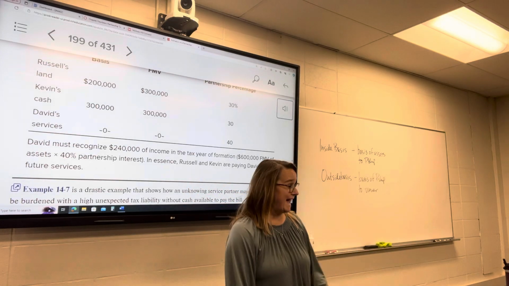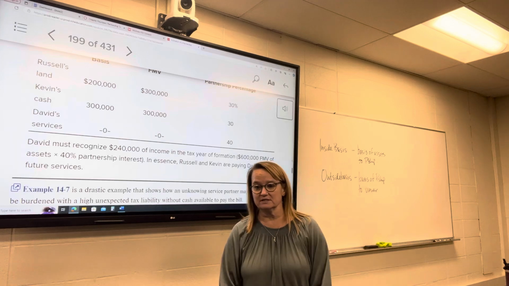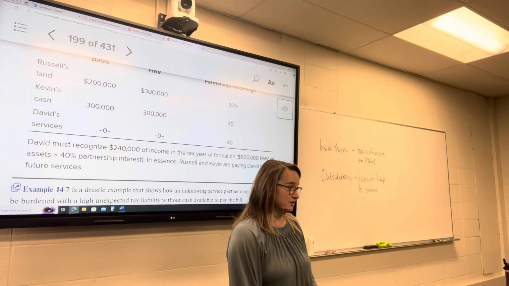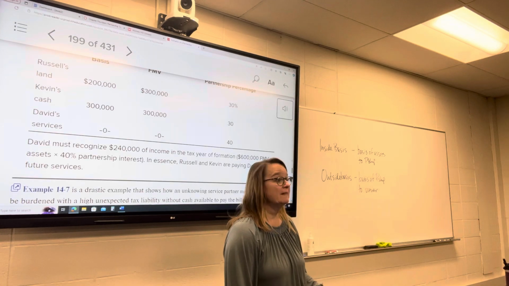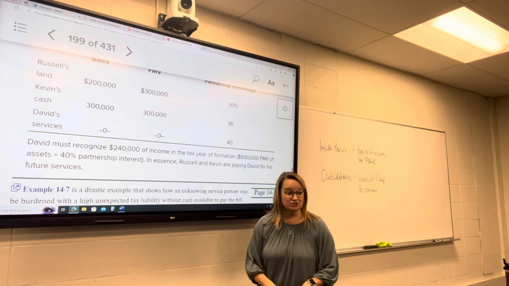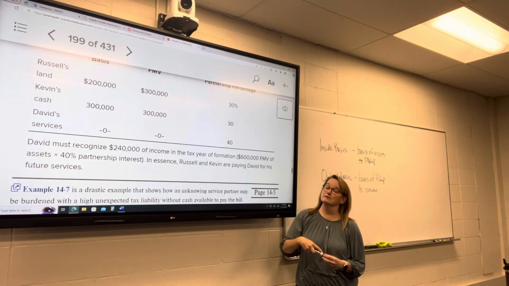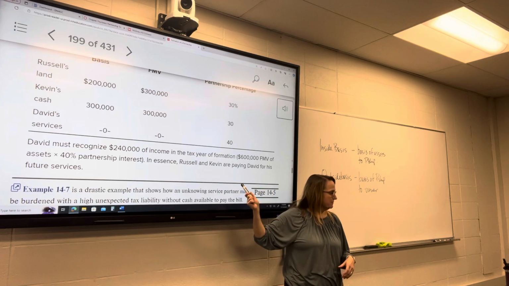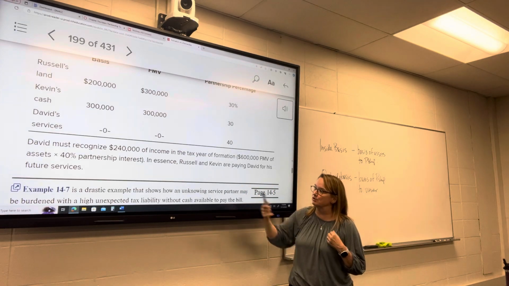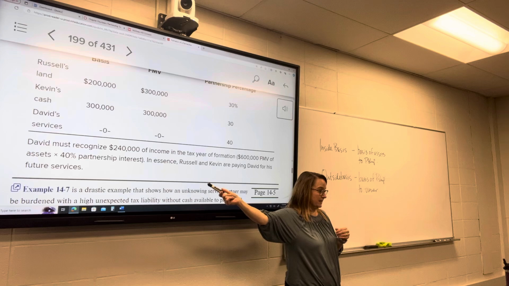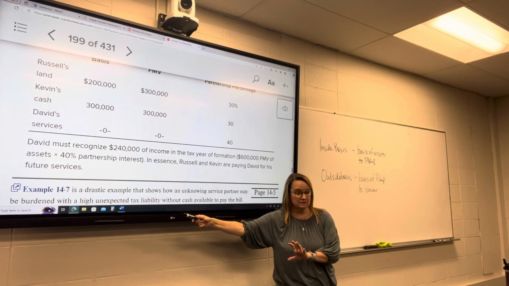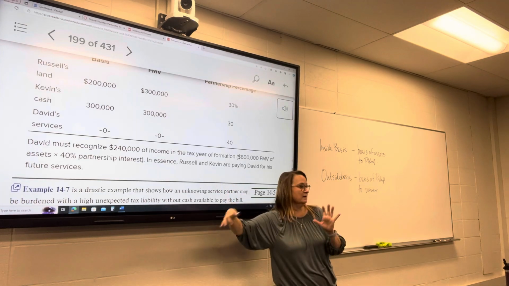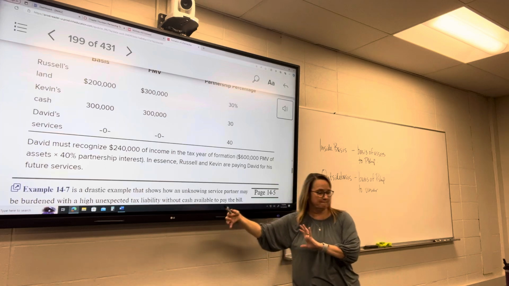So he's gonna have to pay tax on $240,000, and he didn't receive the cash for it, right? But what he gets in exchange is a 40% stake in this partnership, and his basis in that partnership now is $240,000 because he's paying tax on it. Anytime you pay tax on that income, you're going to increase your basis in it. Okay?